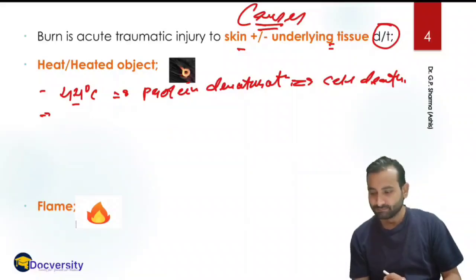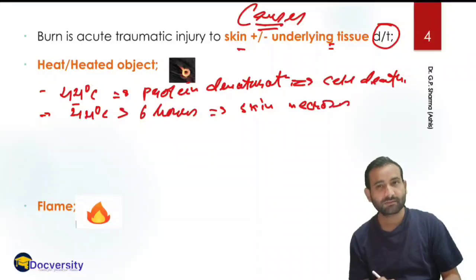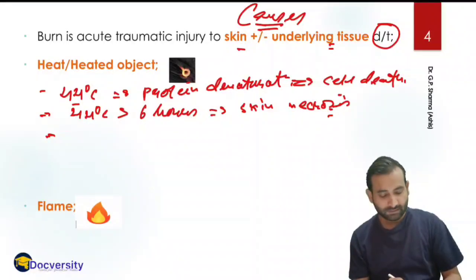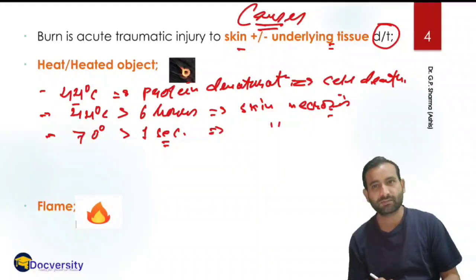Another point is that if a 44 degrees Celsius heated object is exposed to our body for more than 6 hours, it causes skin necrosis. And if a 70 degrees Celsius heated object is exposed to our body for only 1 second, it causes the same effect, skin necrosis or cell death.